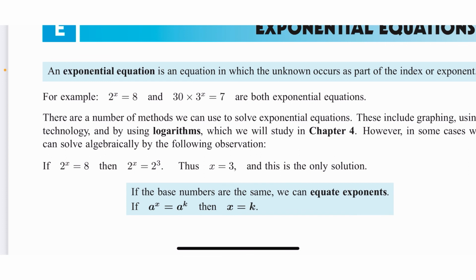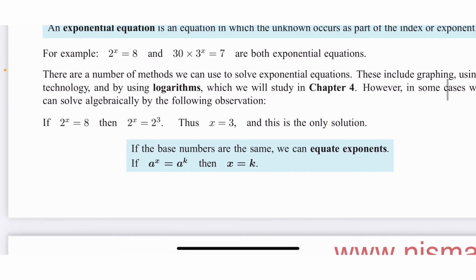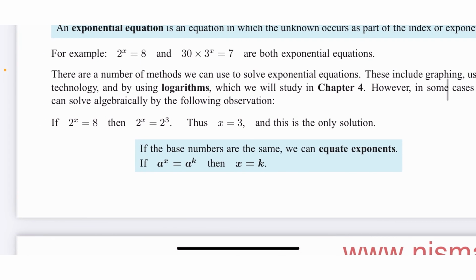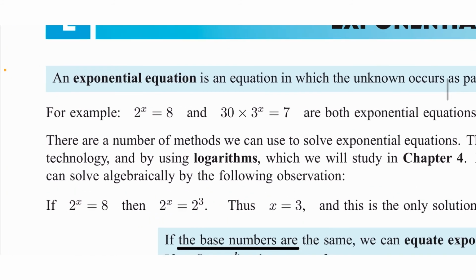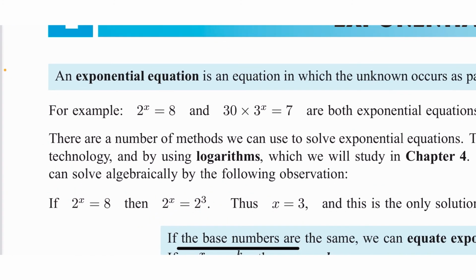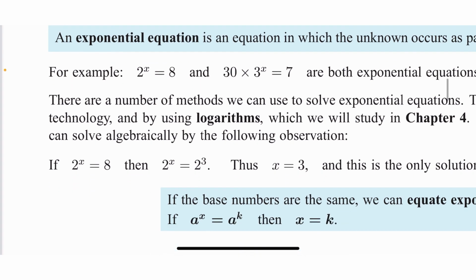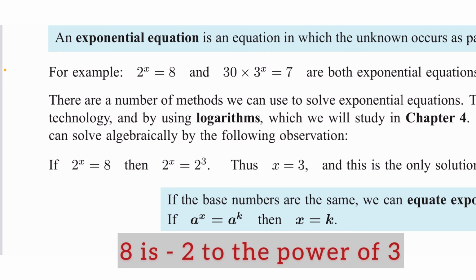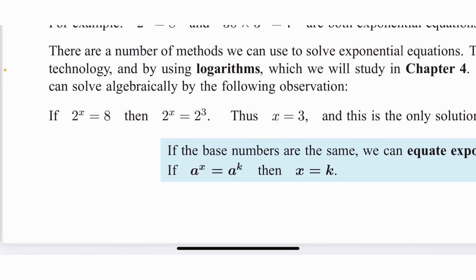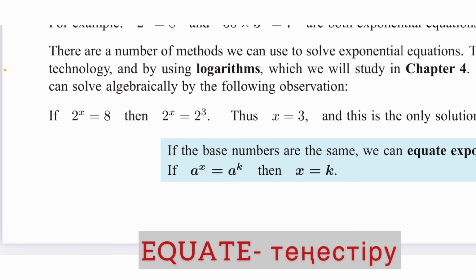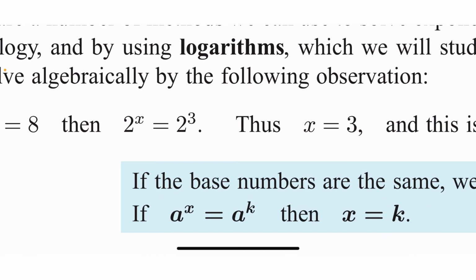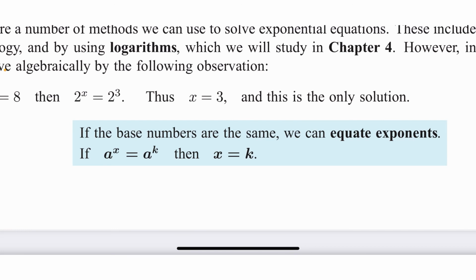For example, they might give us 2 to the power of x equals 8 and ask to find x. We know that 8 is 2 to the power of 3, so we equate the exponents and we can see x is equal to 3. And this is the only solution.